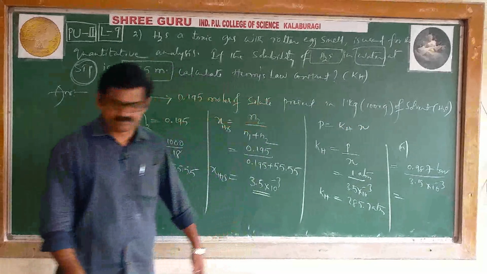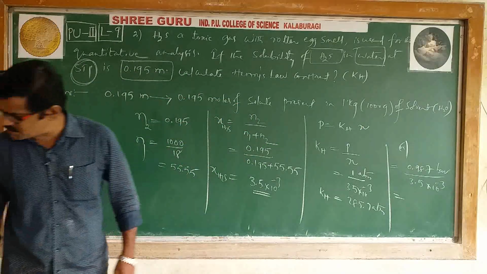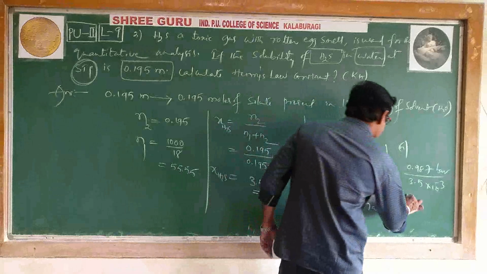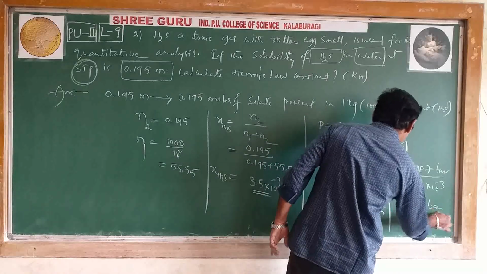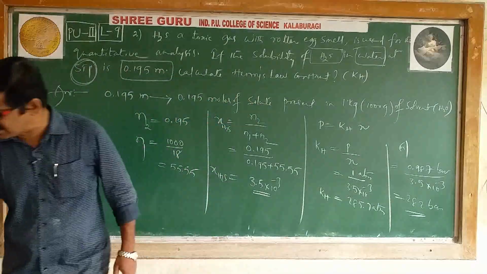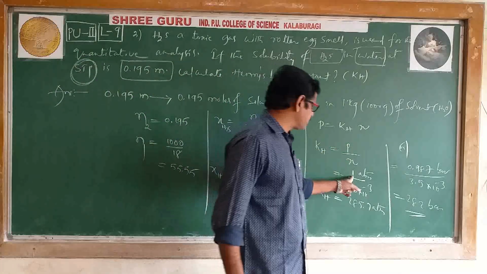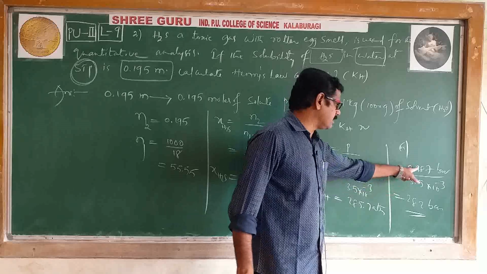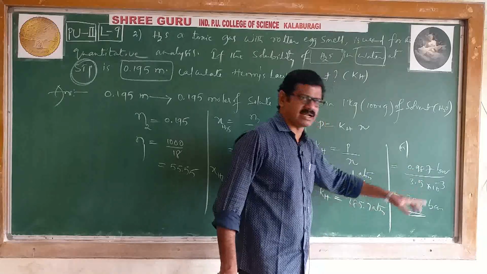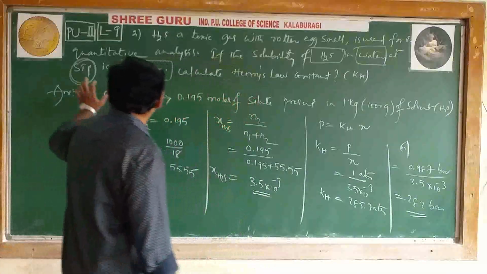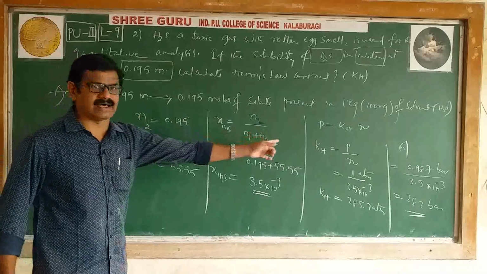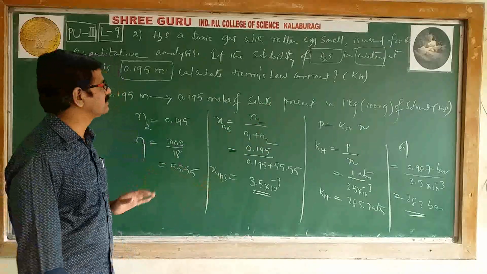Again, if you do the simplification, KH value is nearly 282 bar. 282 bar is obtained. That is our answer, right? If you take pressure in atmosphere, this is the answer. If you take pressure in bar, this is our answer. Because standard condition, any value we can take, doesn't matter.